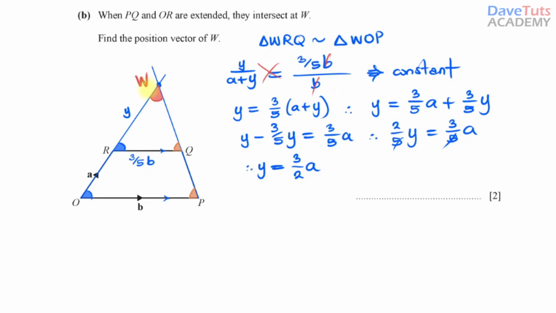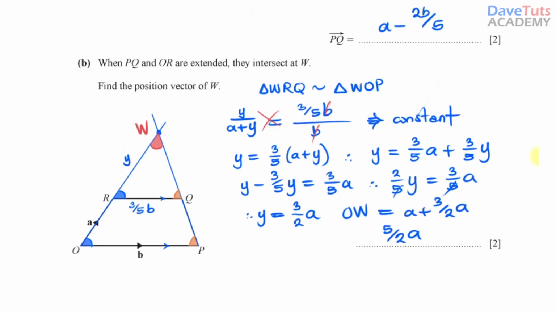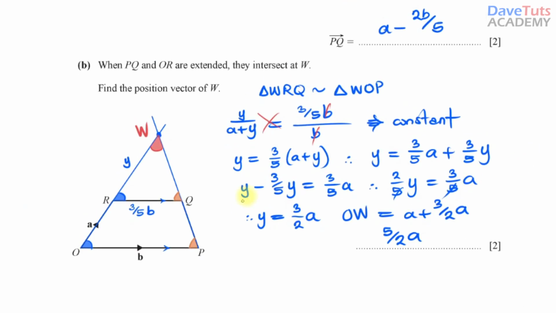But then the position vector of W is actually A plus Y. So that position vector for W, OW, is going to be A plus 3 over 2A. And that is nothing but, this will be 2 over 2, that will be 5 over 2A as the position vector of W. So once you get that, then you can know that you are good to go.